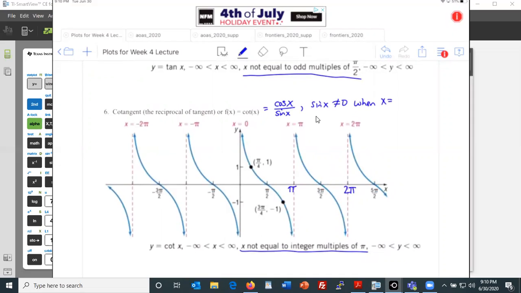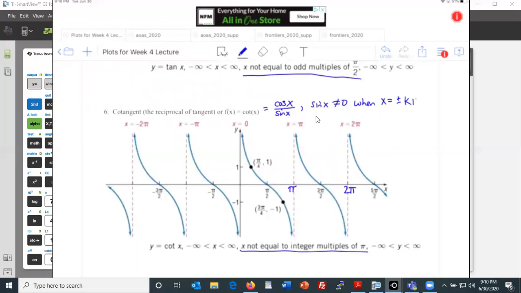So notice that those asymptotes are at whole number values of pi. So when x is plus or minus k pi, where k is an integer or whole number, okay? So those are the graphs of tangent and cotangent.